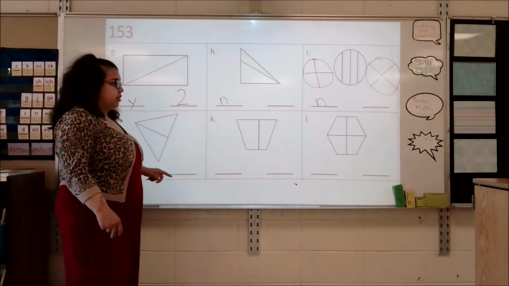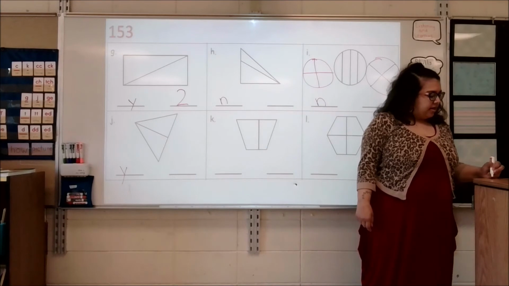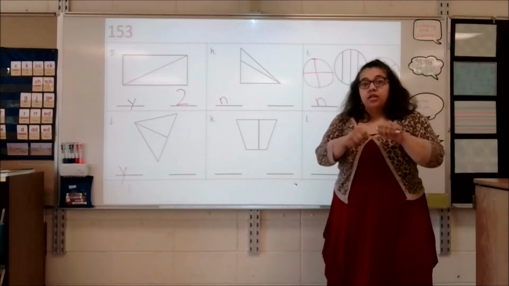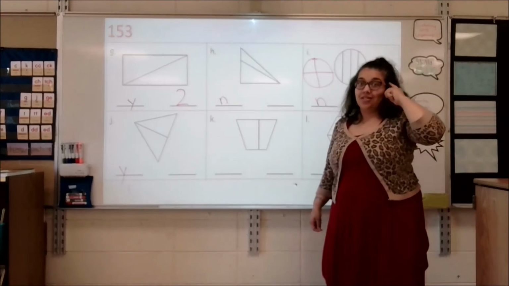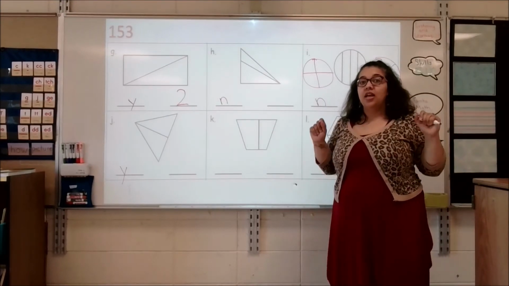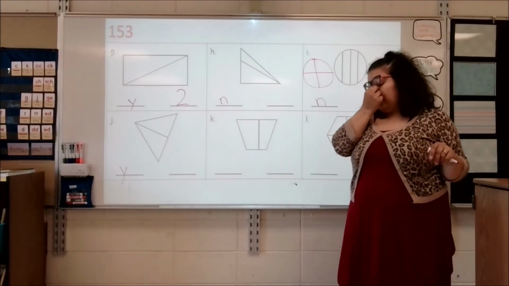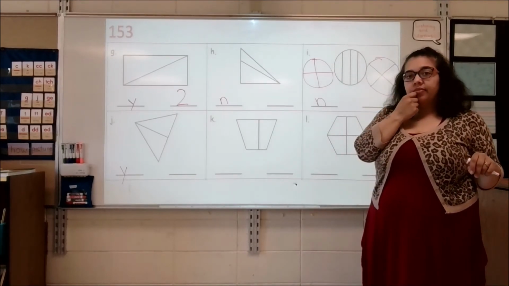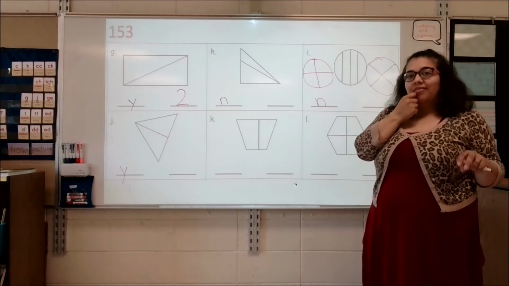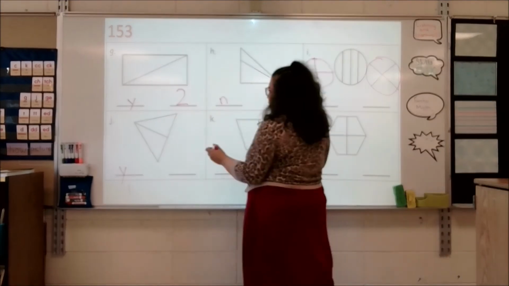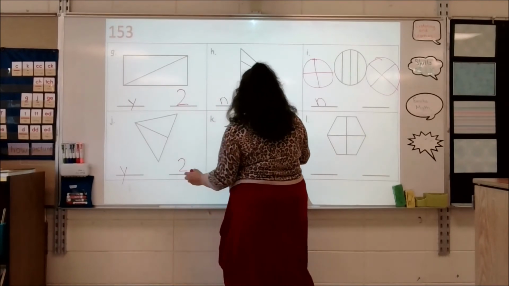Now the follow-up question is, because we now know it's equal, how many equal pieces is this triangle split, broken, cut, partitioned, that's our math word, partitioned into? 2. Excellent. This triangle is partitioned into 2 equal pieces.